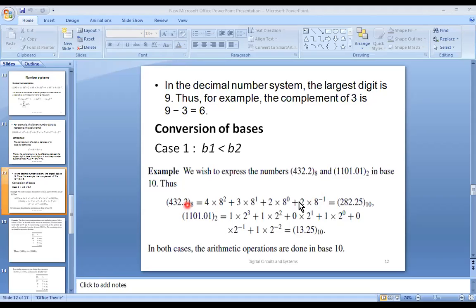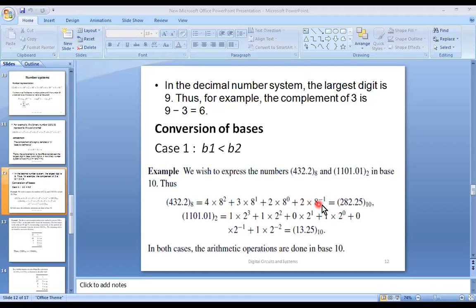What is this 2? 2 into 1 divided by 8. This 0.2 signifies that one apple is divided into 8 equal parts and we are taking 2 parts of it.